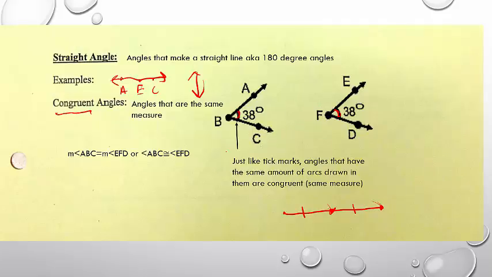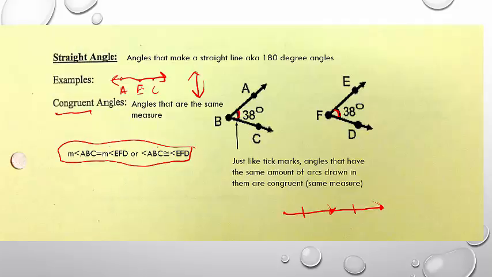And so I have two ways of showing that. I can write the measure of angle ABC is equal to the measure of angle EFD. Or you can say angle ABC is congruent to angle EFD. That's how we read these two lines.